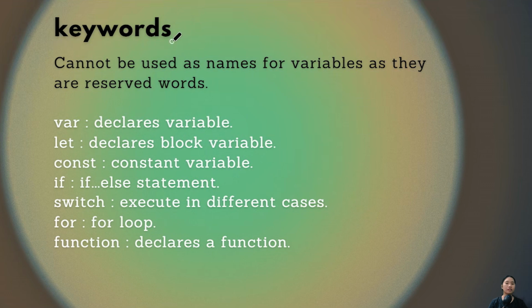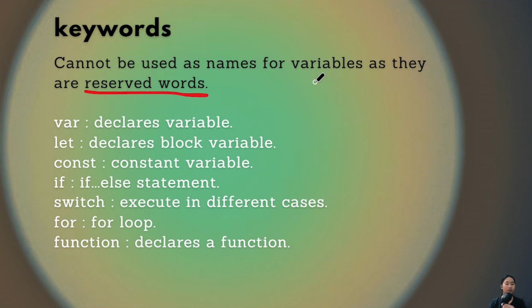Moving on to keywords. Keywords are something that you need to pay attention to, specifically when you name variables. Since they are reserved words, they do not qualify as variable names. It'll be flagged as an error, or JavaScript will get really confused because it thinks that the name of the variable is actually a method or a statement that needs to be executed.